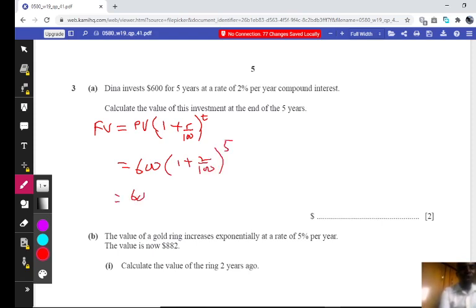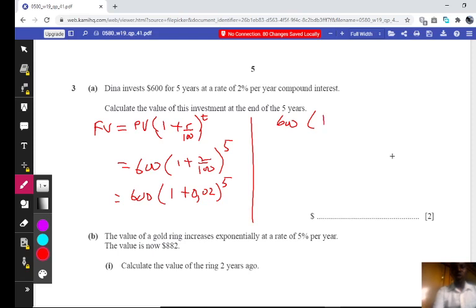It will be 600, 1 plus, this one inside you can simplify to 0.02, because working with decimals in this case will be much easier, since you have your calculator here. So let me simplify it further: 600, then 1 plus 0.02 is 1.02, to the power 5.